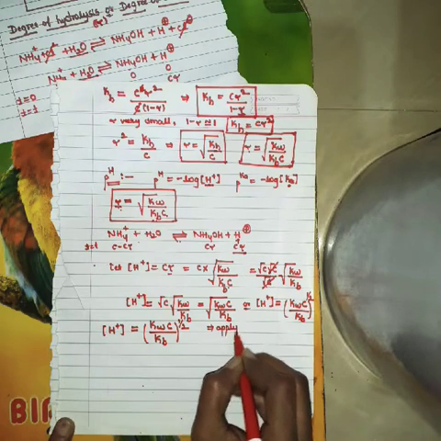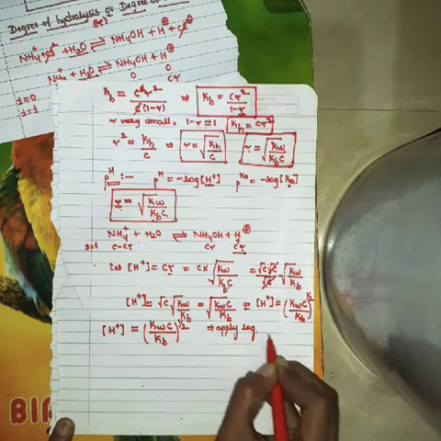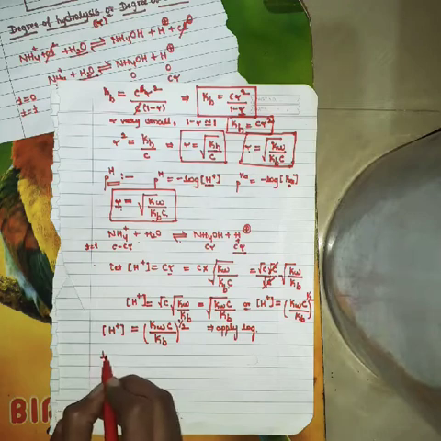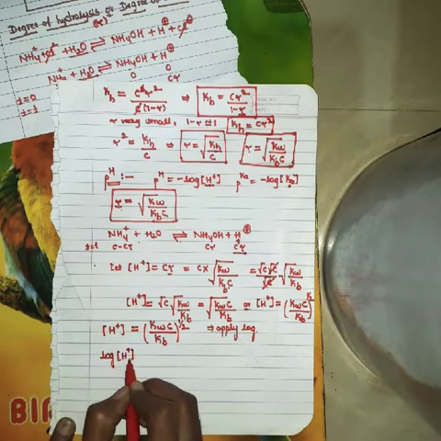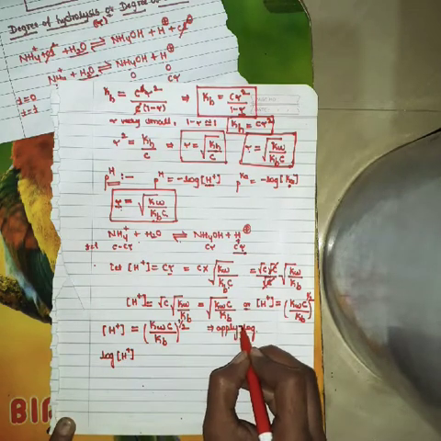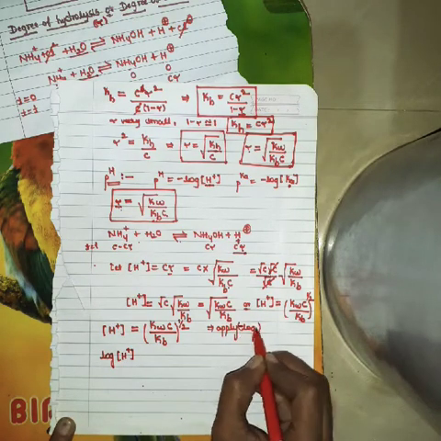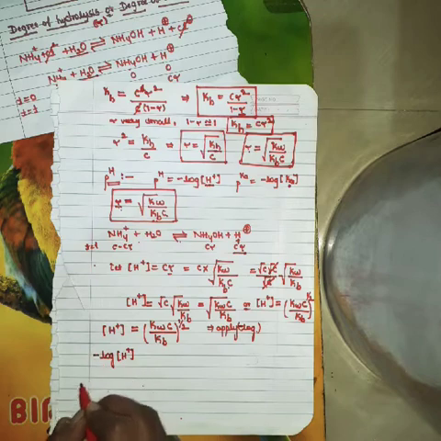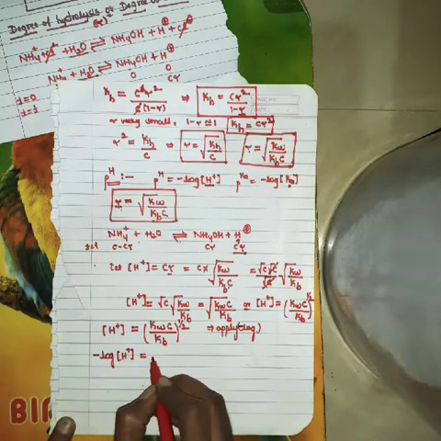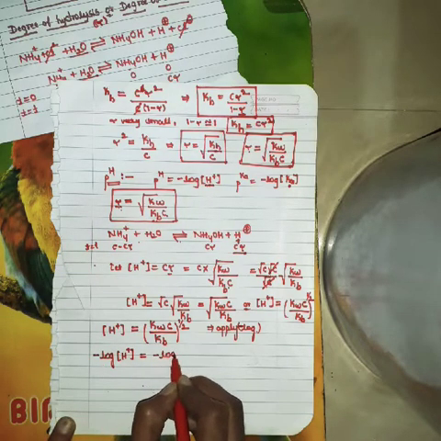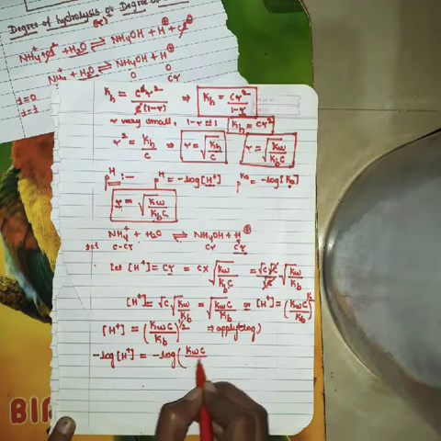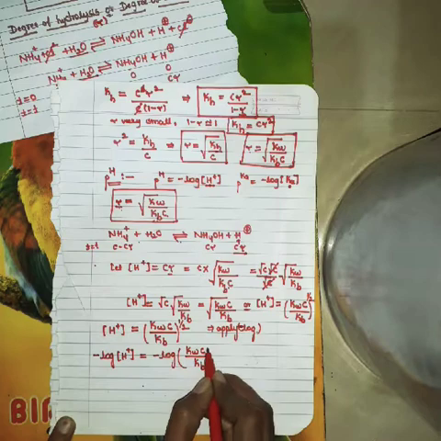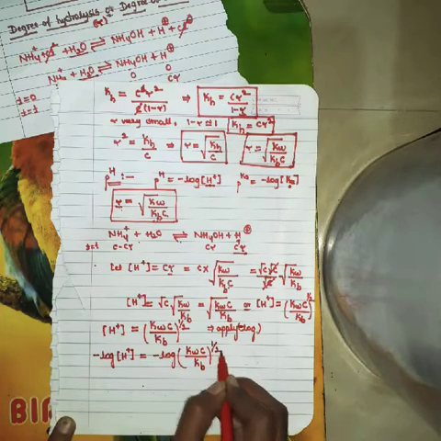Apply log on both sides. Log applied means log H plus, apply minus log: minus log of H plus is equal to minus log of Kw into C divided by Kb raised to 1 divided by 2.